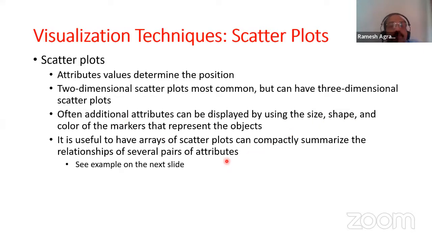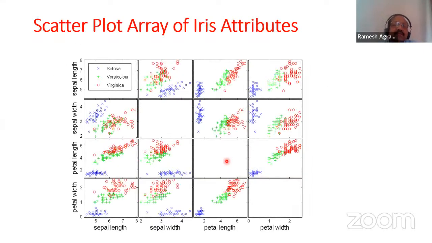See here, this is your scatter plot. It is showing the relationship, in 150 samples, between petal width and sepal length. These three colors show three different types of data.